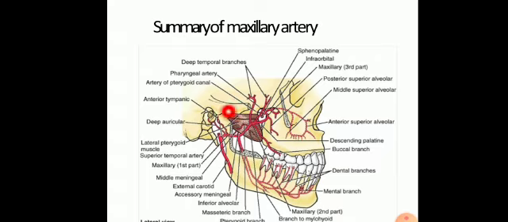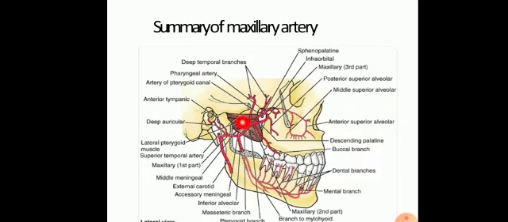The first part gives rise to deep auricular artery and anterior tympanic artery. Two arteries pass to the ear. Two arteries pass to the middle cranial fossa, including middle meningeal artery and accessory meningeal artery. And one artery passes to the mandible, it is inferior alveolar artery.